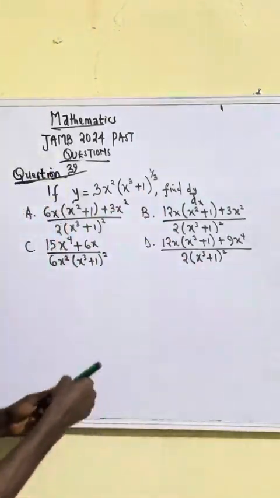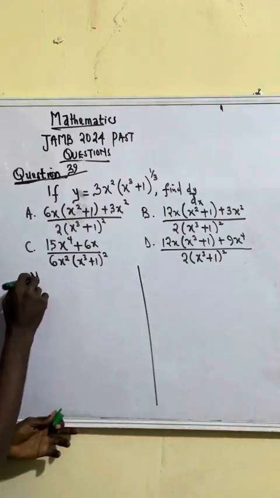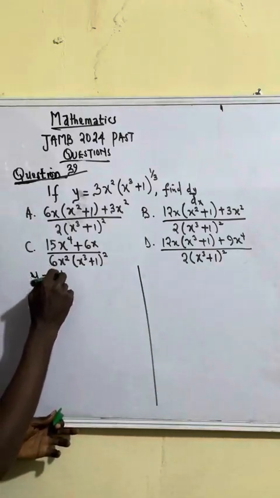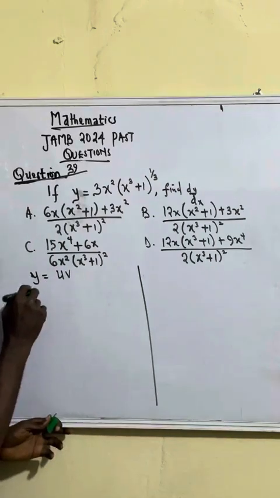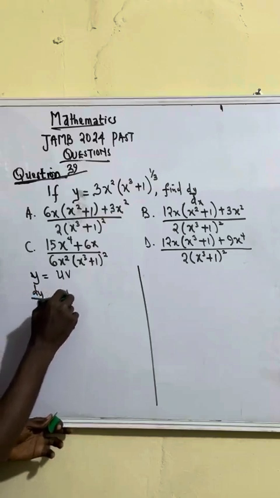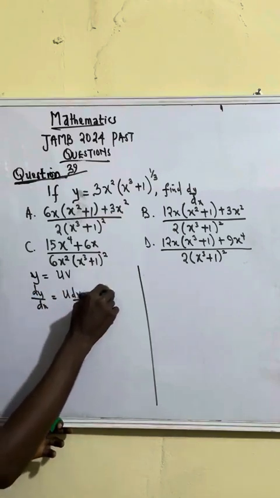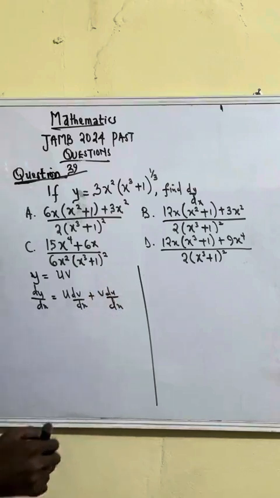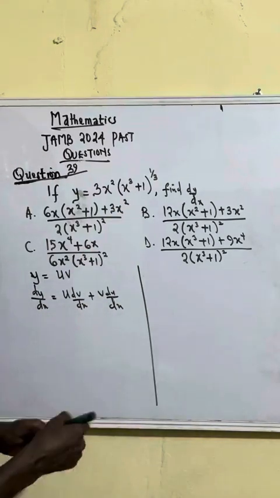If you remember the product rule very well, if y is equal to uv, where u and v are two functions of x, then dy/dx will be equal to u dv/dx plus v du/dx. This is the formula that we call the product rule. But for a function of a function, we use the chain rule to evaluate that.